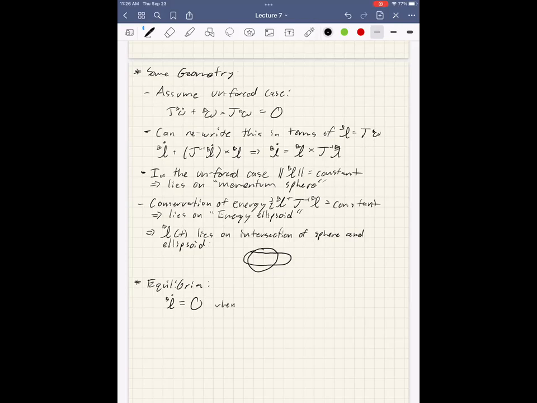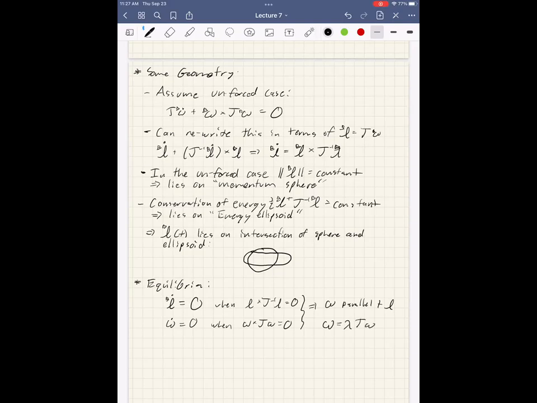So this we can write when L cross J inverse L equals 0. Similarly, omega dot equals 0 when omega cross J omega equals 0. So this says omega parallel to L. So writing that another way, which is very suggestive, omega equals some lambda times J omega, right?